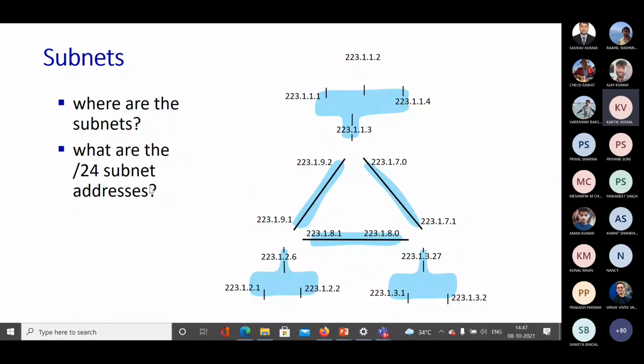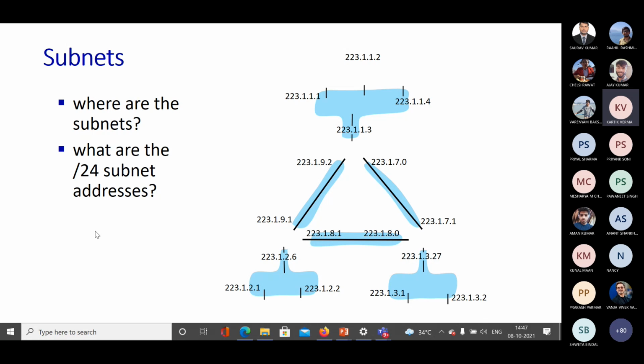Now here the question is, what are the /24 subnet addresses. This you will understand much better if we study a little more on IP addresses, which I will also teach in the next class. Okay, what is the way in which IP address classification is done? We have already seen that we are currently looking at the 32-bit IP address, that is IPv4 addressing.